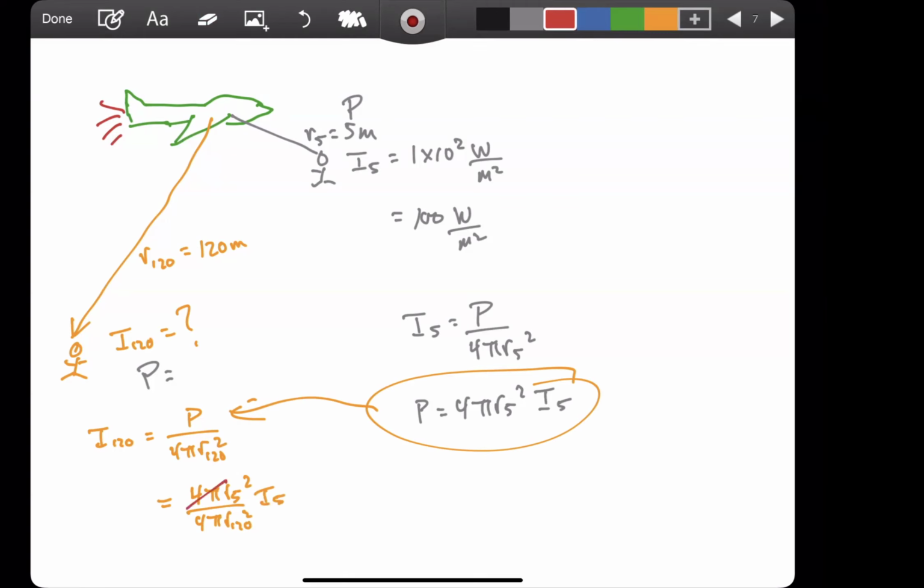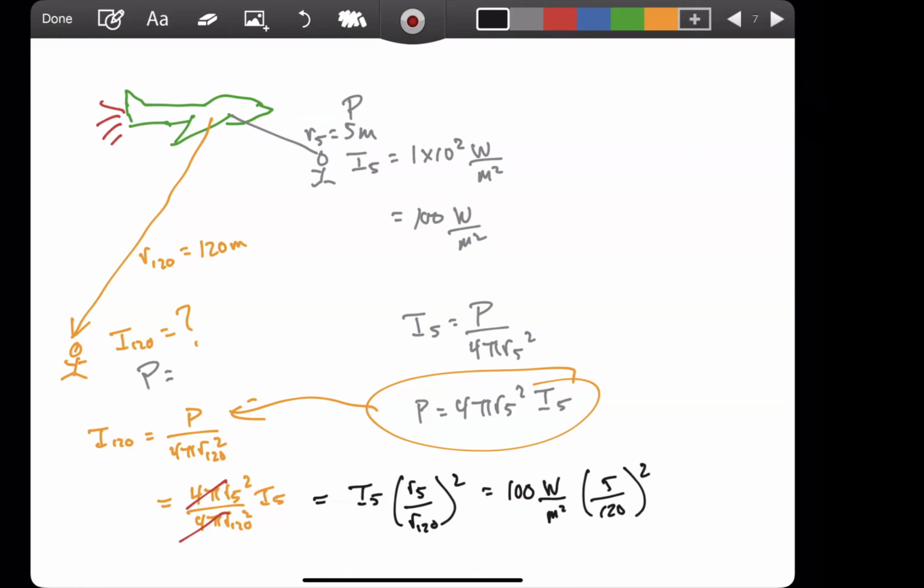In this case, the 4 pi's are going to cancel. So at the end of the day, I get I5 times the square of the ratio of R5 to R120. So it's 100 watts per meter squared times 5 divided by 120, squared.